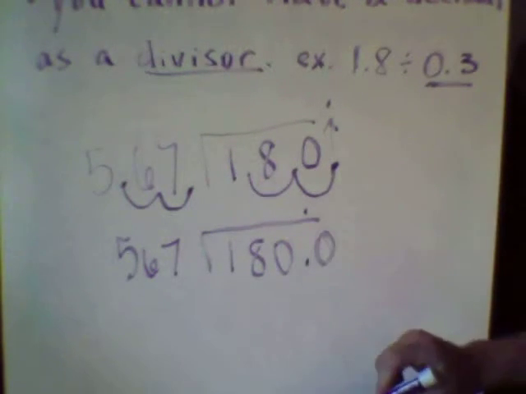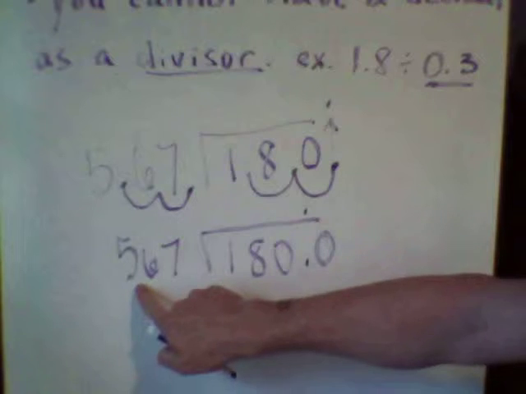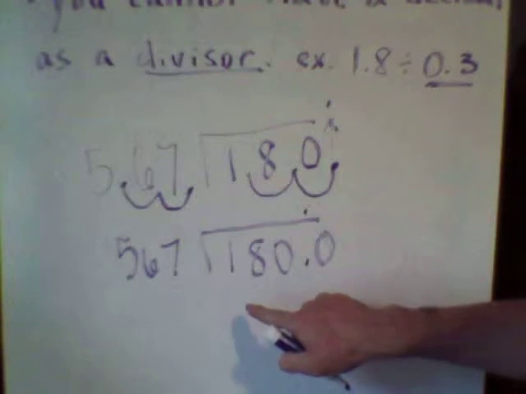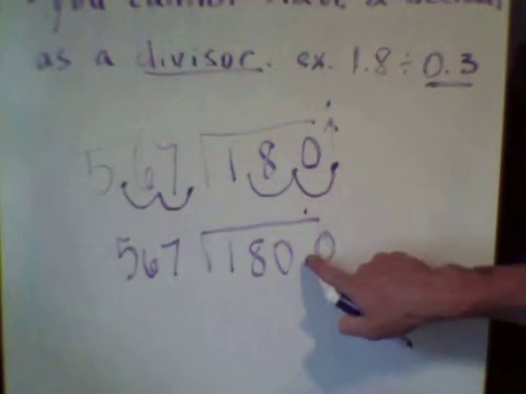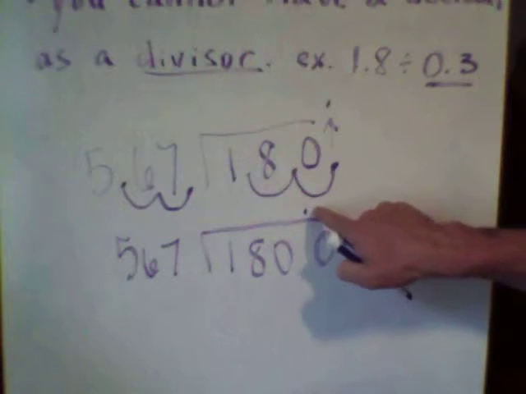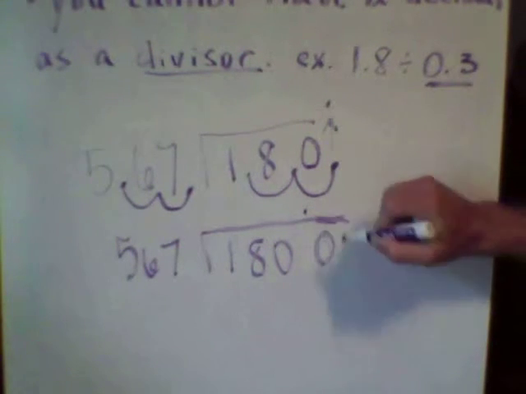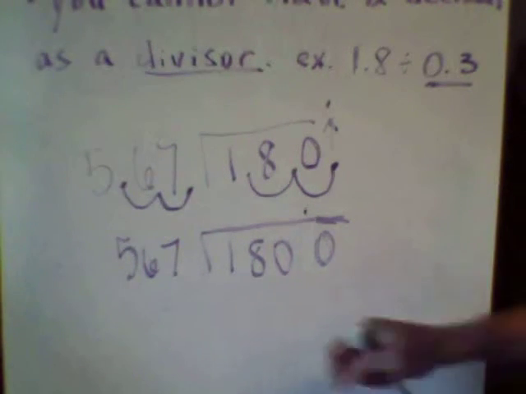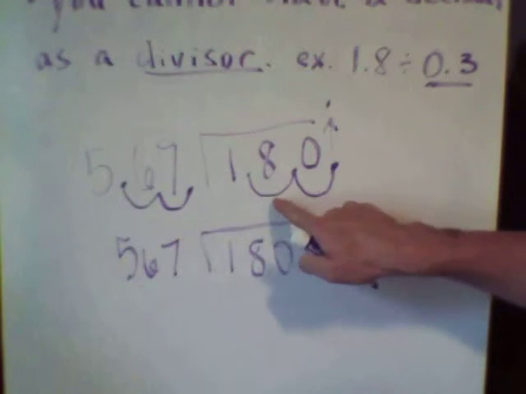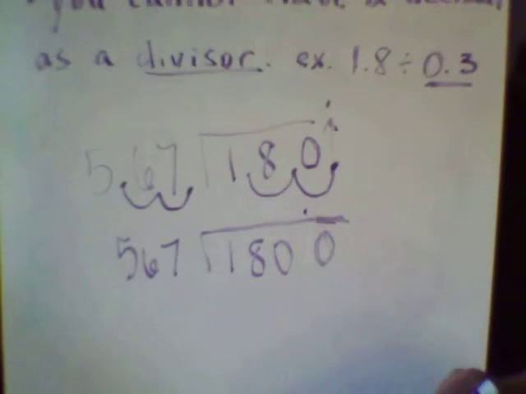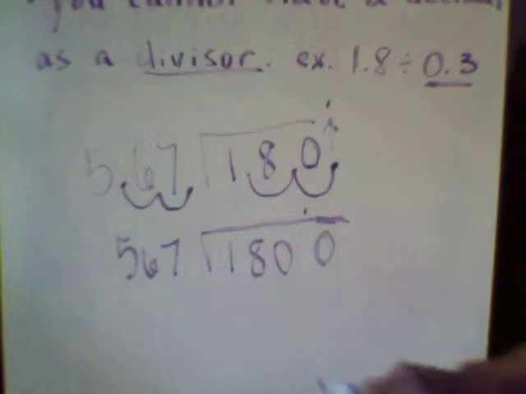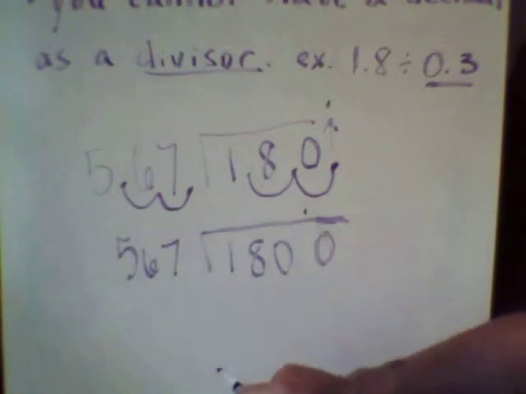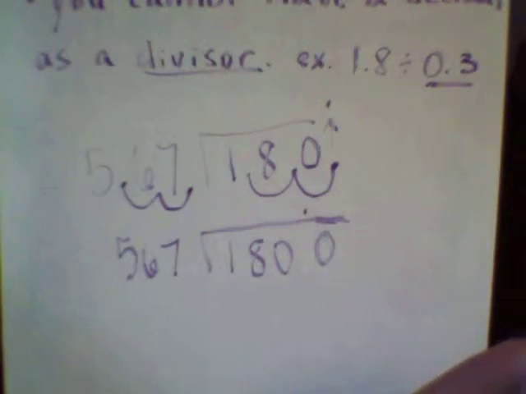The decimal stays in the same place. So now it's the same thing as saying 567 into 1800. I'm going to pretend it doesn't exist. I've already moved it up to the top to my quotient. I won't move the decimal place again. Once you move it out here and you move it here the same number of places, don't touch it. Leave it alone. So you always have to have a whole number out here. You can add zeros in here.